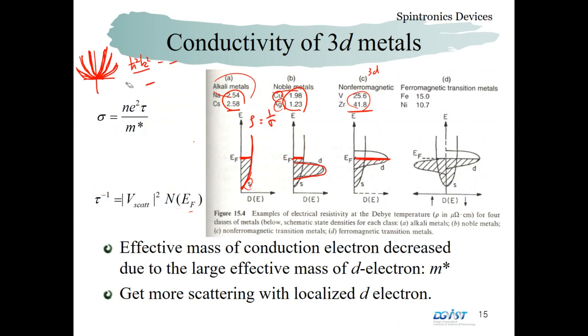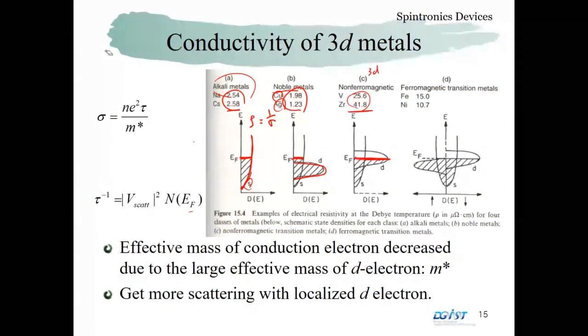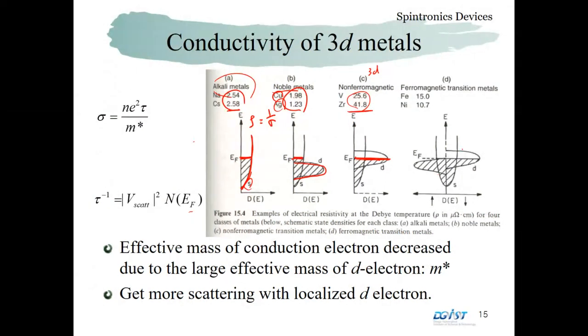And let's think about the ferromagnetic materials. Here, we have two kinds of band for the spin down and the spin up. The Fermi level of the spin up is different from the spin down case. And even though the effective mass can be the same, the tau for spin up and spin down cannot be the same.